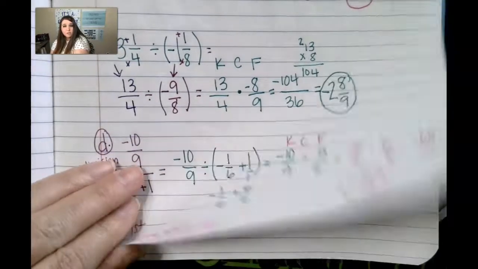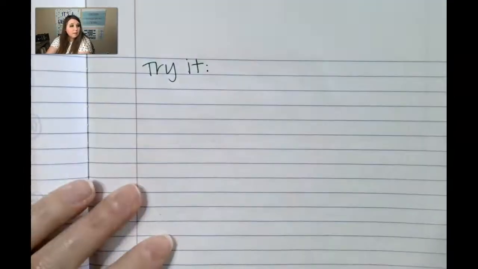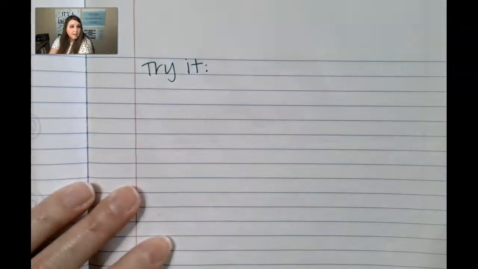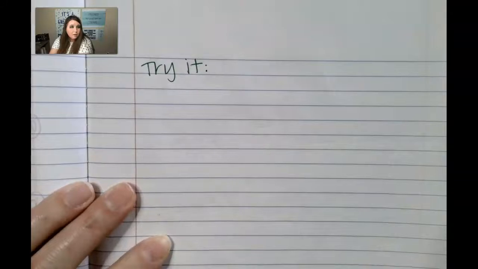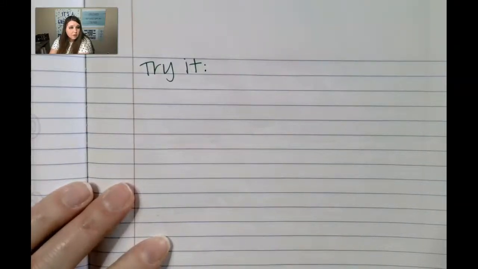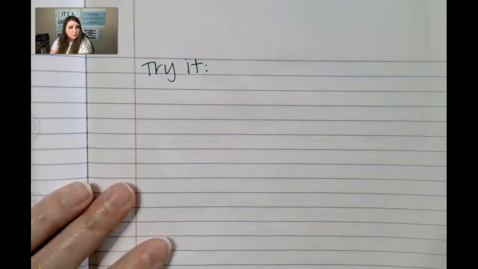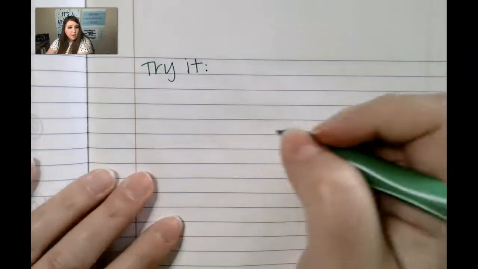All right, I'm going to go ahead and turn the page now so that way you are able to do your try-its. So let's go ahead and do some try-its. All right, try-it number 1. This is where I will put in a negative times a negative, just so that way you have that experience.